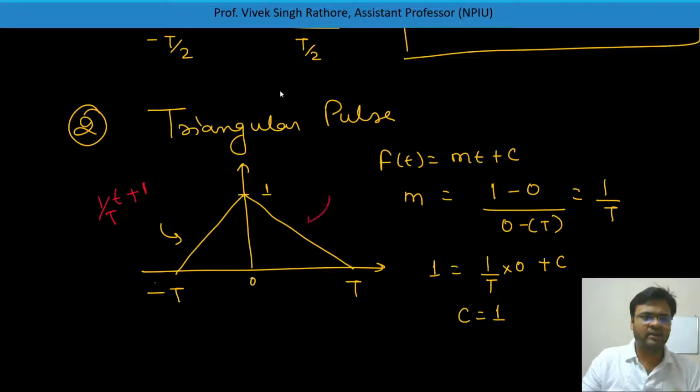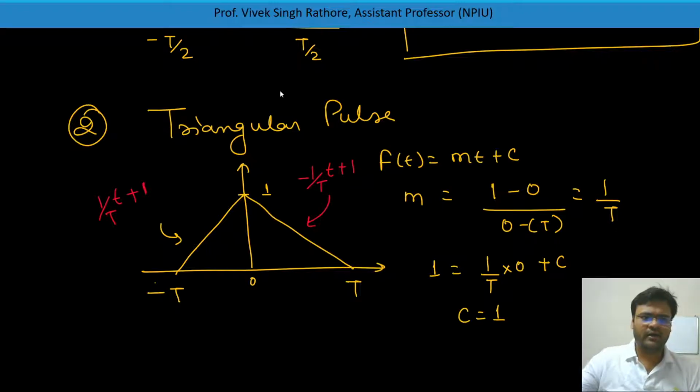The same thing here: you will get m equal to minus 1 by T. Here also c will be 1 only, so the equation for this will be minus t by T plus 1.